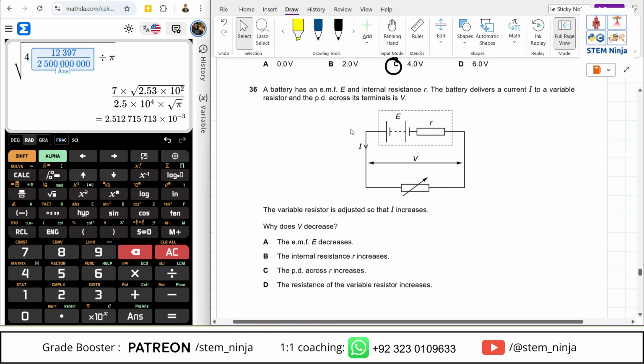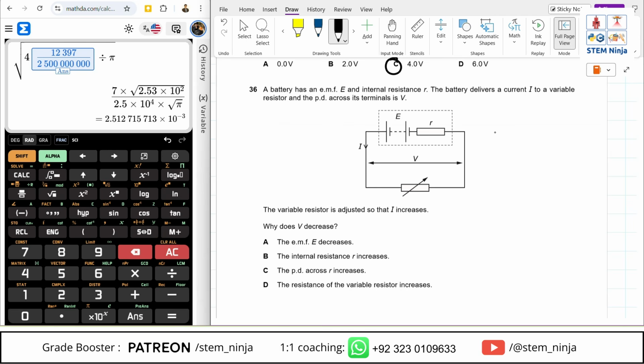A battery has an EMF E and internal resistance r. The battery delivers a current I to a variable resistor, and the potential difference across its terminals is V. The variable resistor is adjusted so that I increases. Why does the potential difference decrease?